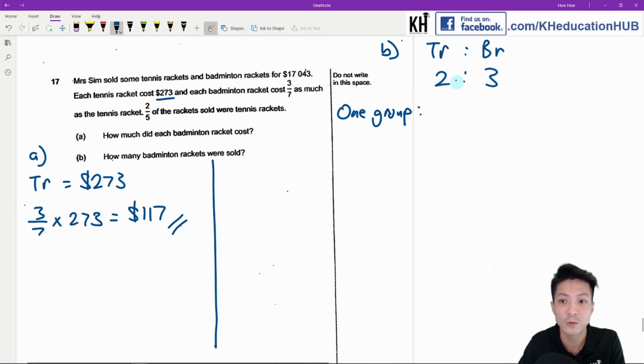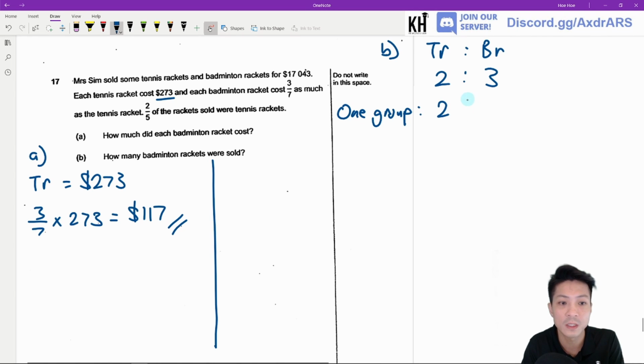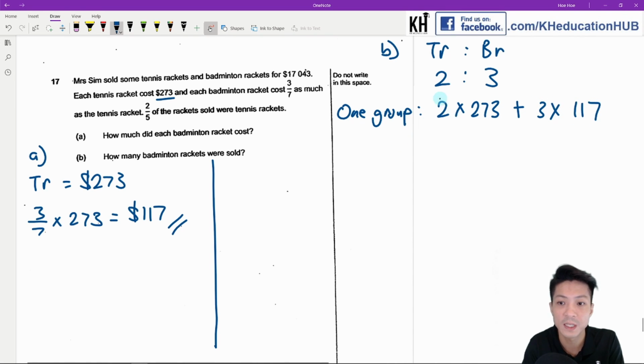Okay, so we're gonna figure out how much one group is. Let's treat one group as exactly 2 tennis rackets and 3 badminton rackets. So we'll have to use 2 times 273, plus 3 times 117.